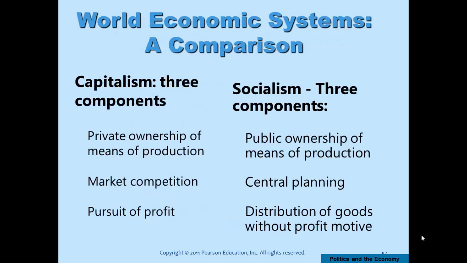When you look at economic systems in the world, there are really two basic economic systems, and this is where I think it's sometimes useful to step back and take a look at capitalism and socialism. We see capitalism as an economic system, and we don't have any trouble understanding that.